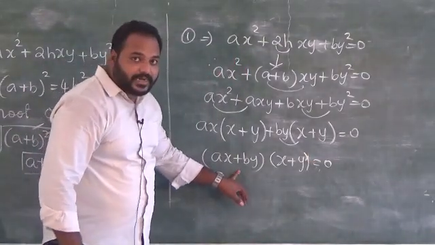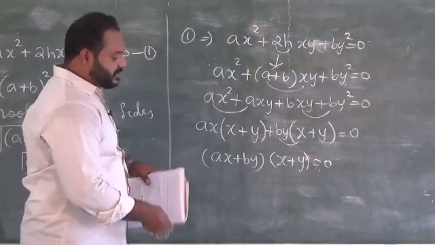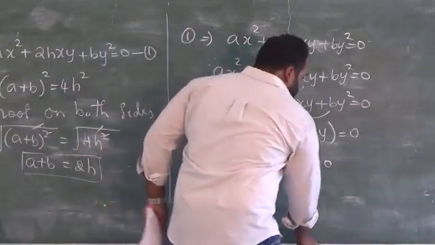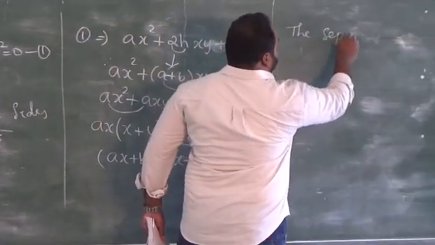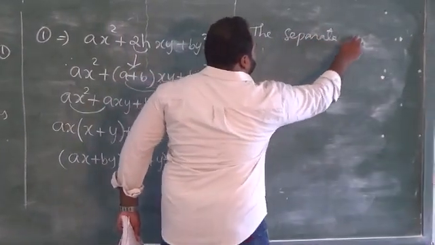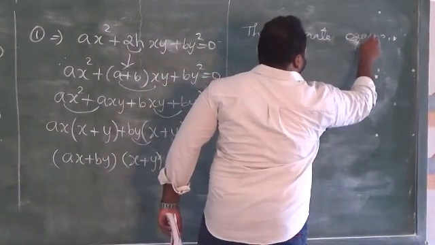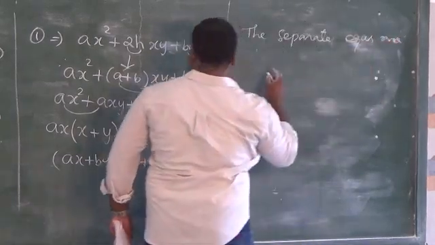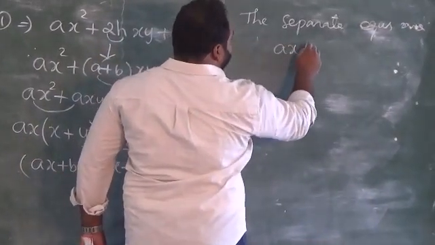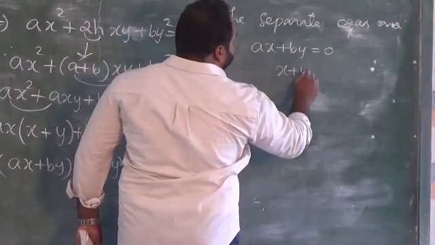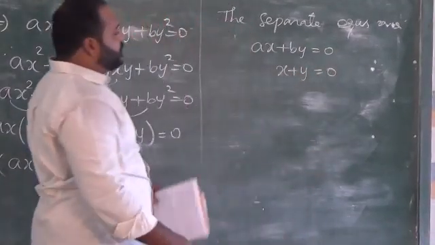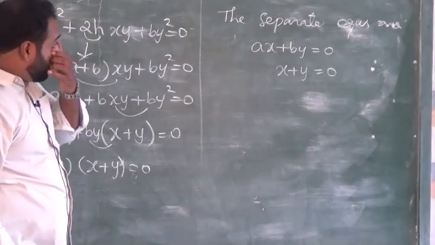This is one separate equation, this is another separate equation. So the separate equations are ax plus by equal to 0, and another one, x plus y equal to 0. So here we have 2 separate equations.